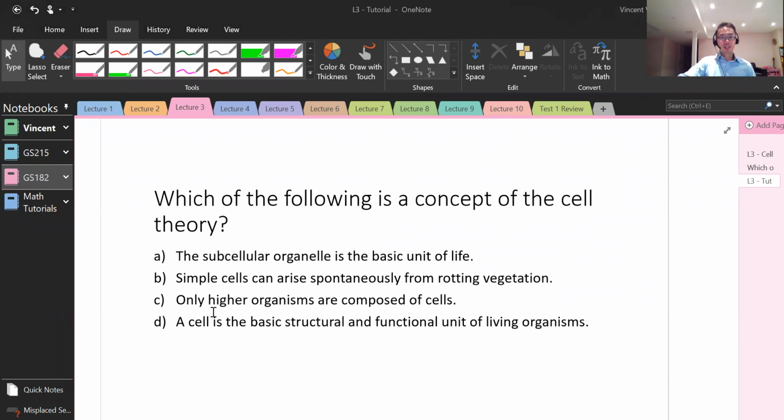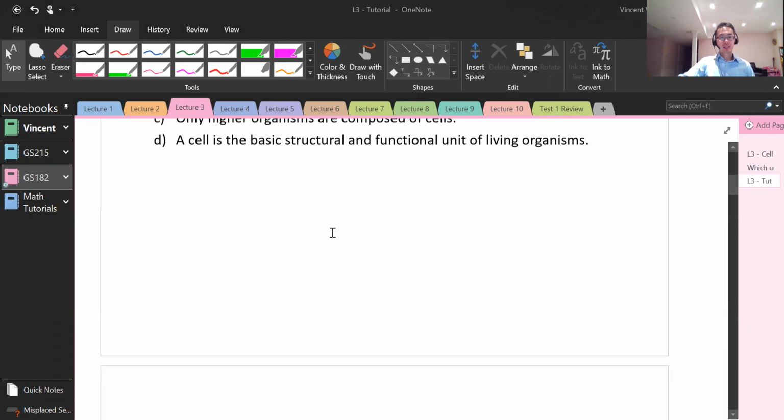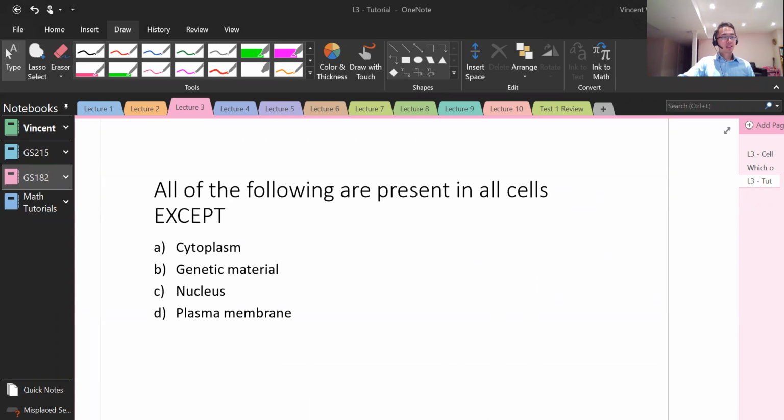The following is a concept of cell theory: a cell is a basic structure and functional unit of living things. That's correct. Okay, let's try another one.